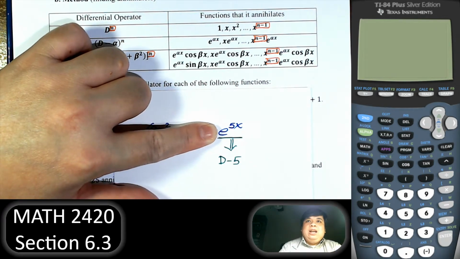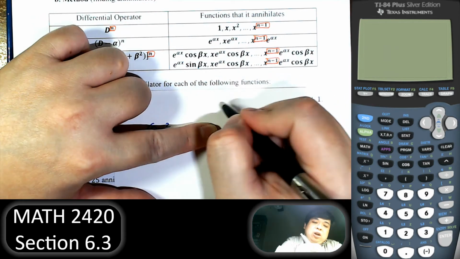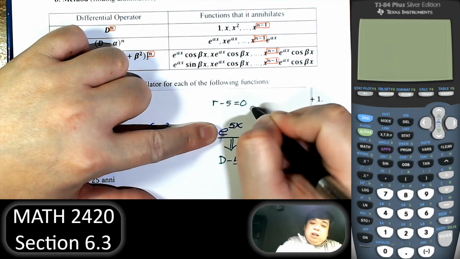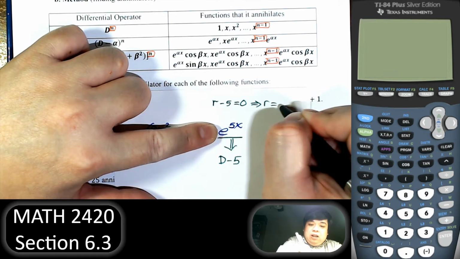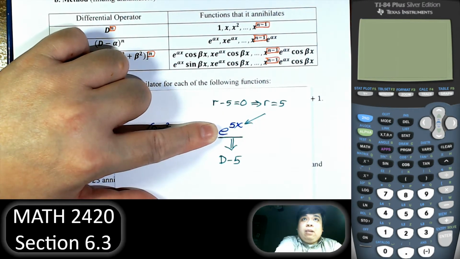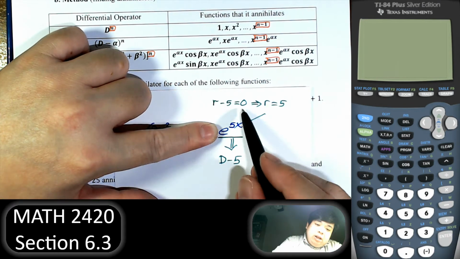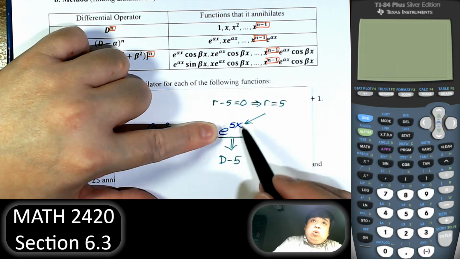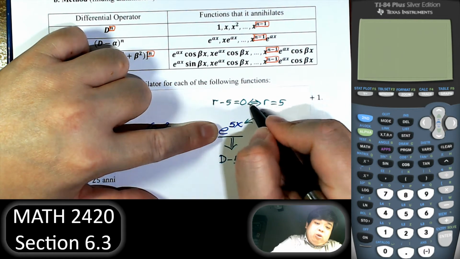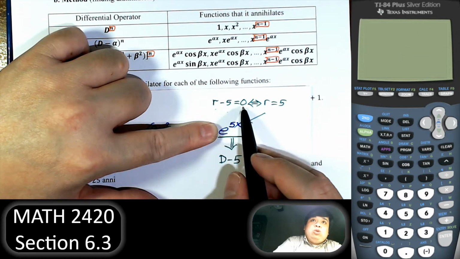Well, think about this in terms of the auxiliary equation. If we have r − 5 = 0, then we have r = 5, and from r = 5 we will have the solution in this form. In order to produce the solution e^(5x), we have to have r = 5. In order to get r = 5, we have to have r − 5 = 0.